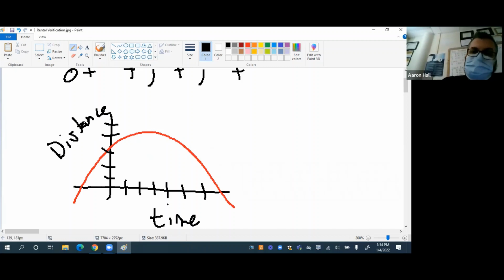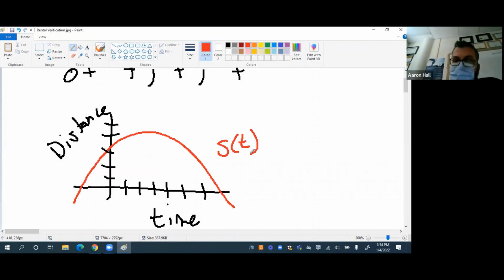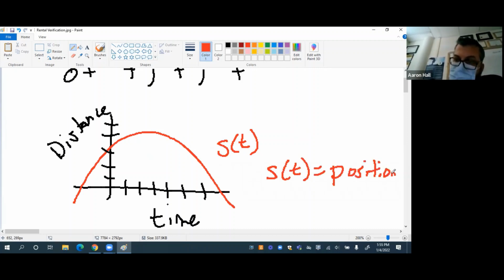We'll call this equation our S of t, which is what is called a position function. Why is it called a position function? For any time, say 1, 2, it will tell me the position of a particle. It'll tell me my position.